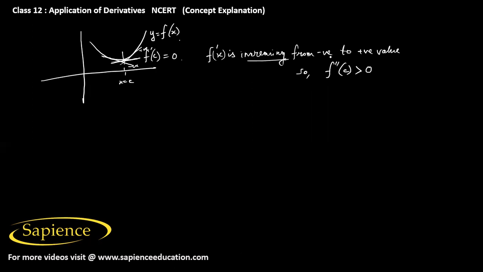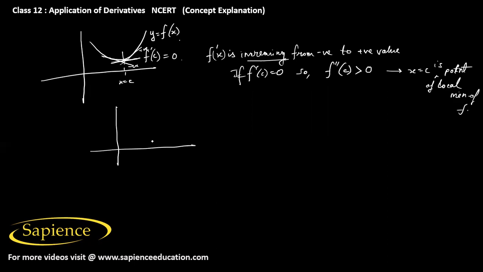So if f dash c is 0 and f double dash c is greater than 0, then x equal to c will be called a point of local minima of the function f.